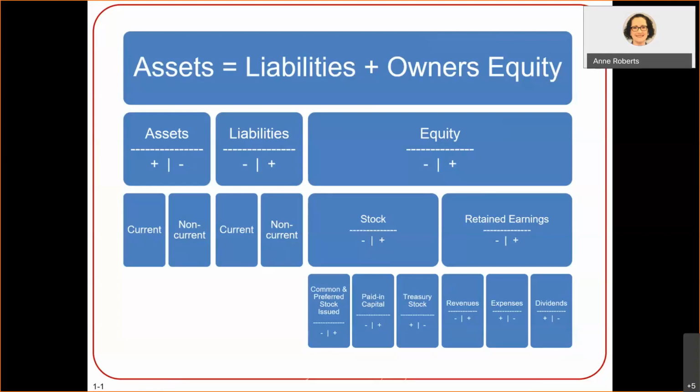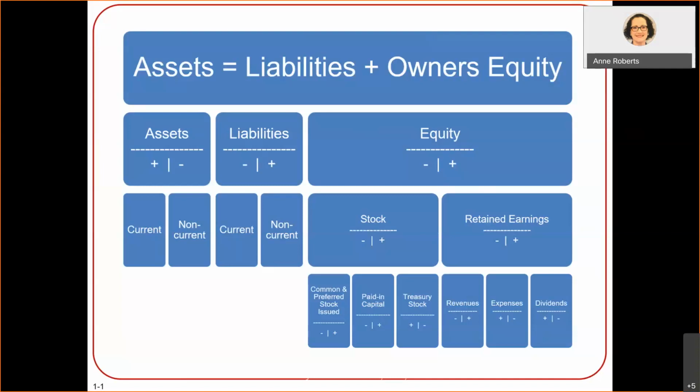The other current liability that we've looked at so far is a liability called deferred revenue. One of the things to keep in mind about deferred revenue is simply this: think about what that word deferred means. Deferred means we're putting it off.